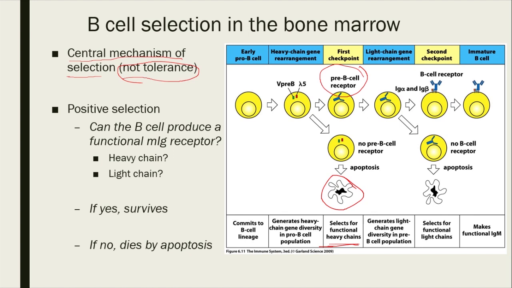And then they continue through the light chain gene rearrangements, to see if they are producing the light chain. Again, if there's a light chain, it will go through the process into a mature B cell. But if they don't have the light chain, in the selection for functional light chain, they go to the apoptosis process. So this is a normal mechanism for selection.